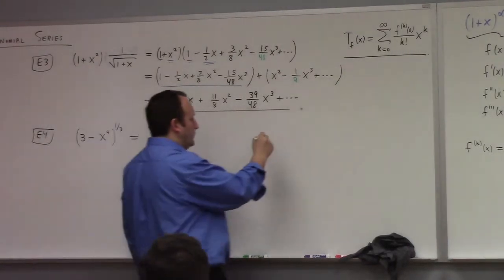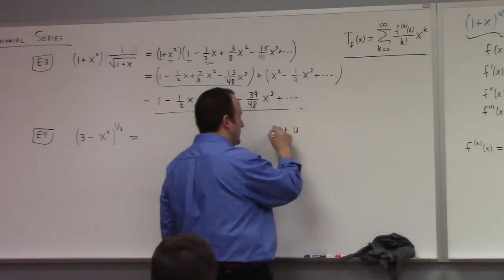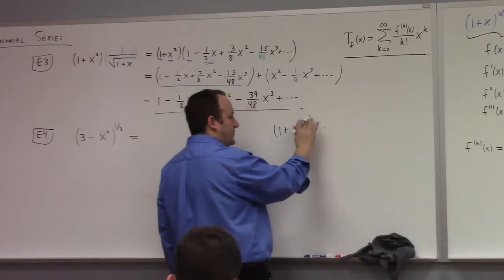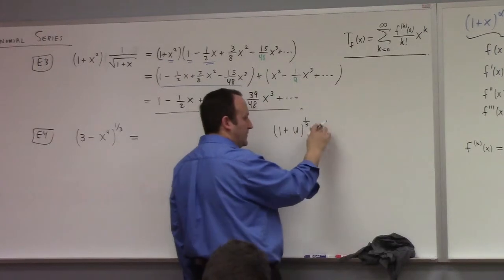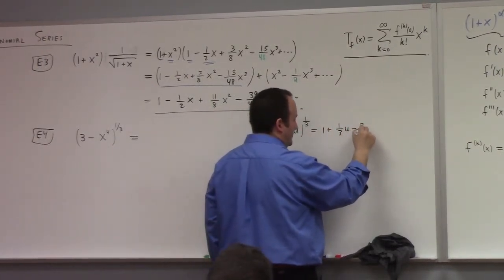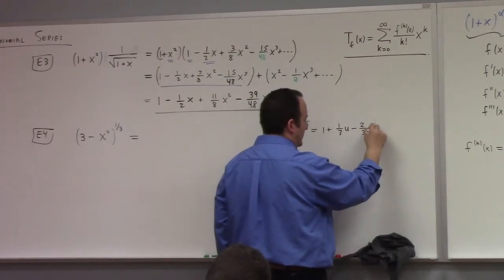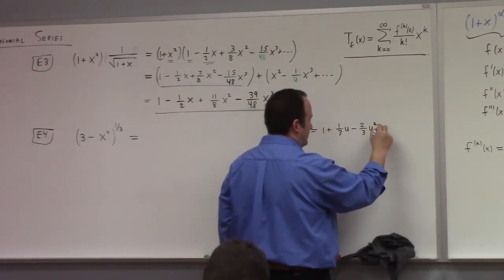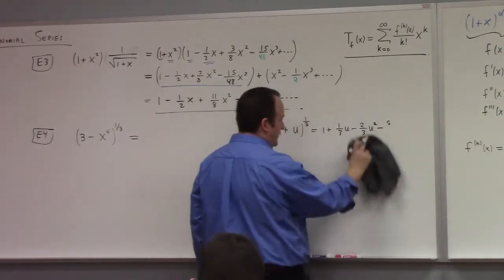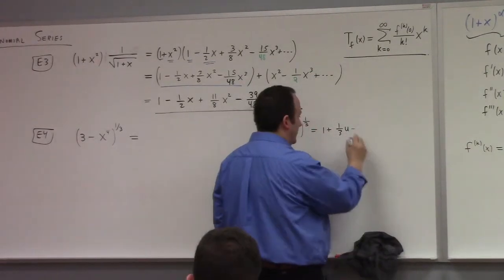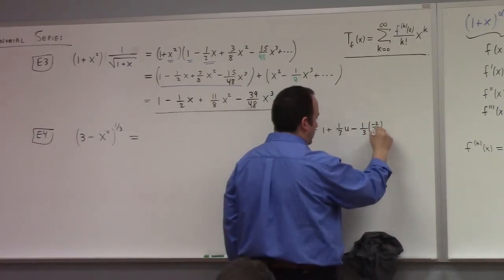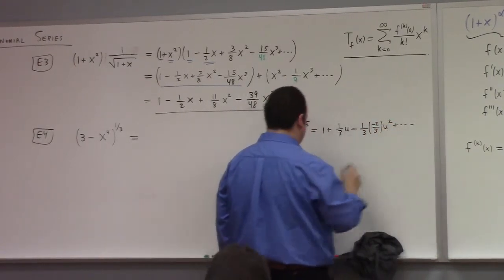So once I have 1 plus u to the alpha, let's do the 1/3 to be more specific here. 1 plus u to the 1/3 power, that's 1 plus 1/3 u plus 1/3 times minus 2/3 over 2 u squared, and so on. Oh, I'm sorry, I didn't do that right either. Minus 1/3 times minus 2/3 u squared plus dot, dot, dot.